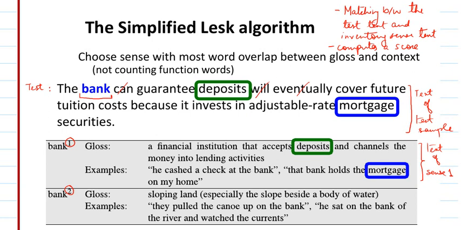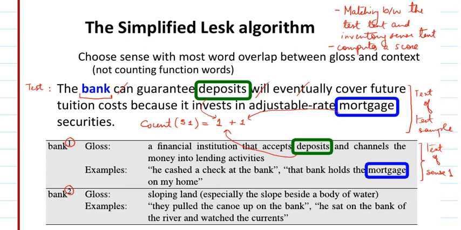So if we take a simple count as a score, the count for sense 1 is 1 for deposits, these two are matching. And then for all the different words, we again see that another count is there for mortgage.